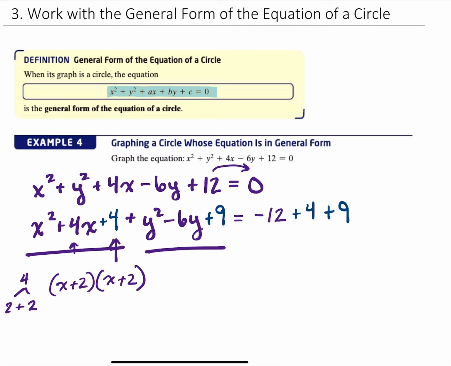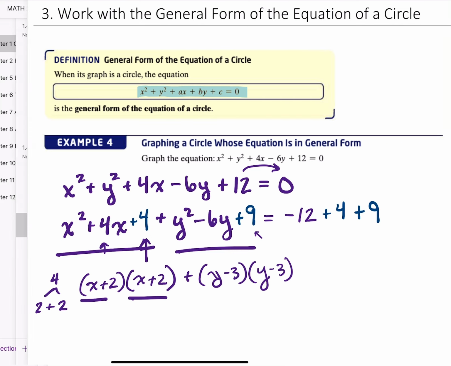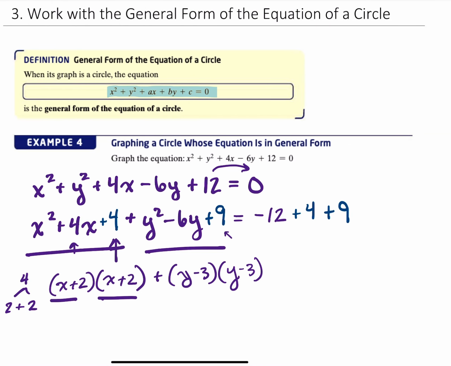Similarly for our y's, factors of 9 that add up to -6, well, that's -3 and -3. -3 times -3 is +9, and then -3 plus -3 is -6. So we get y minus 3 and y minus 3. Since these are both the same factor, we could just write it as x plus 2 squared plus y minus 3 squared.